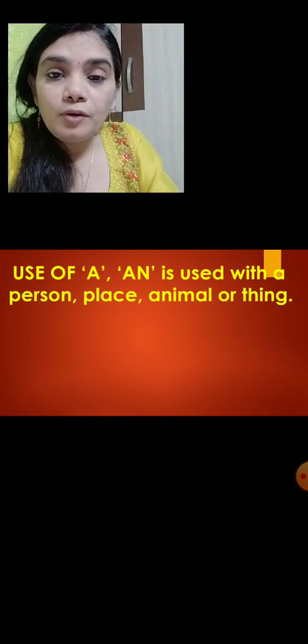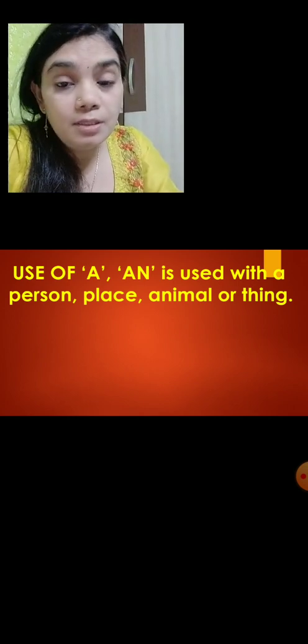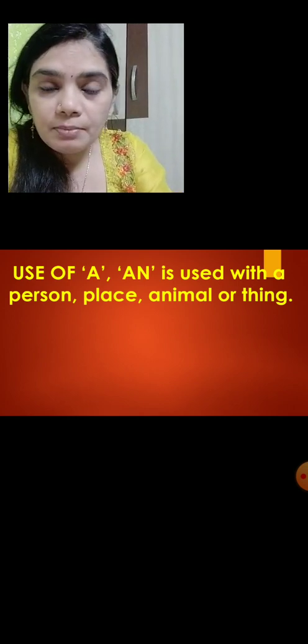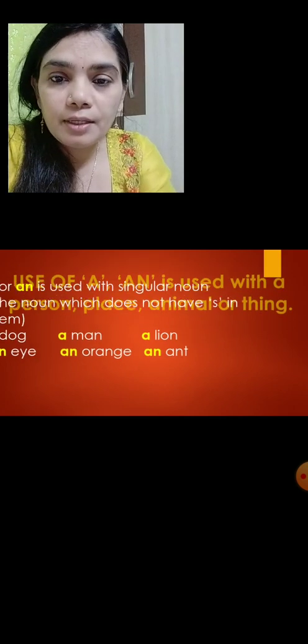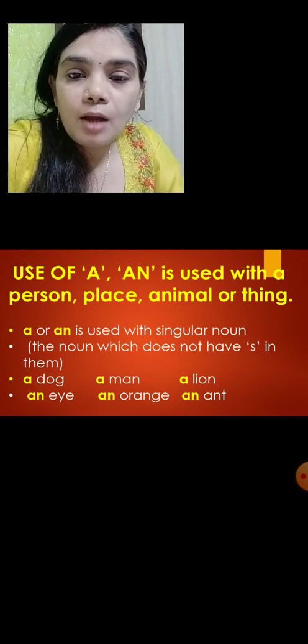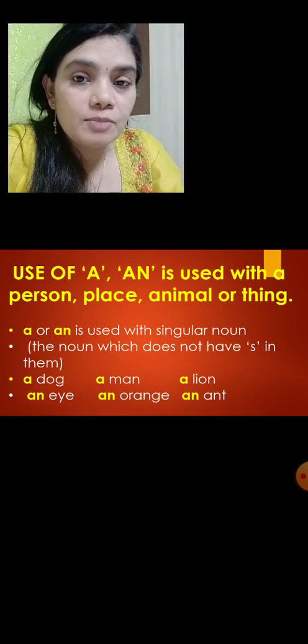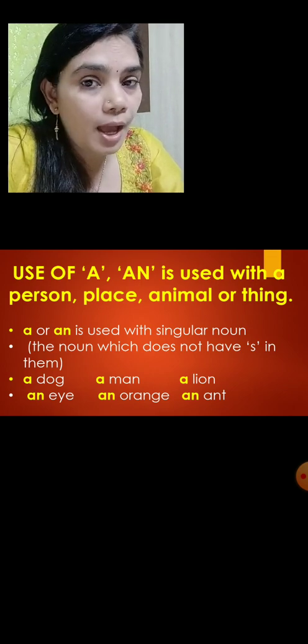A or an is used with a person, place, animal or thing, that is, a singular noun, which does not have s in it.